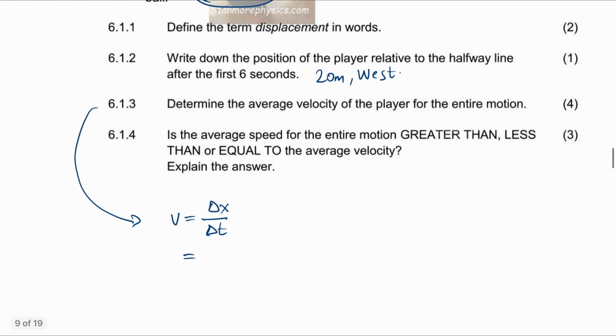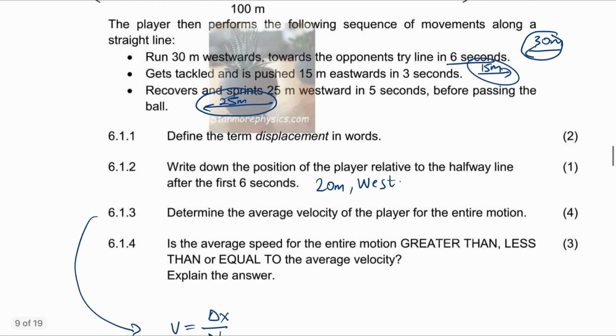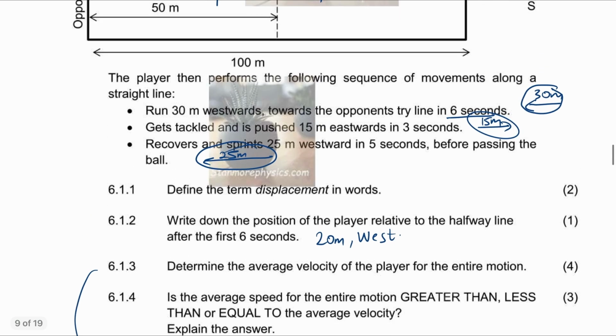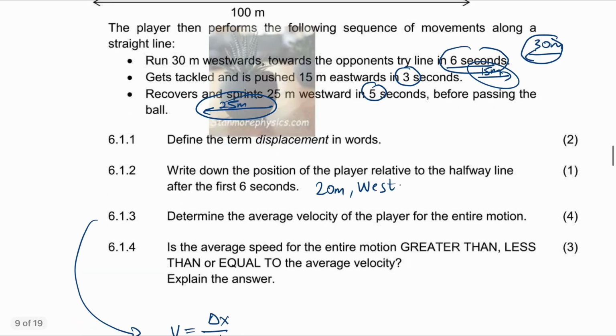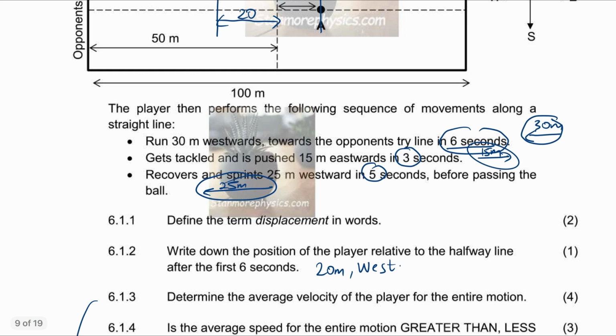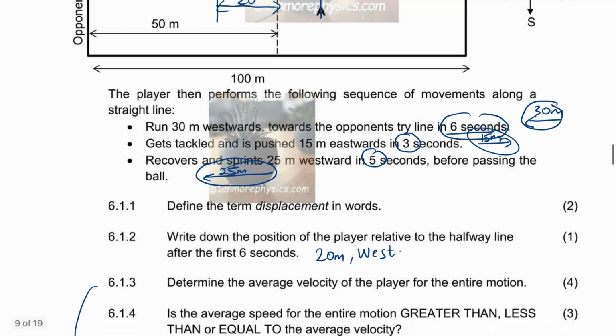So I'm going to say 30 minus 15 plus 20, divided by the time it took for him to do all of this, which is 6 plus 3 plus 5, which is 14. So divided by 14, and that's equal to 2.86 meters per second west. Because his overall movement is to the west. He traveled more to the west than he did to the east. So his average velocity will have a direction of west.